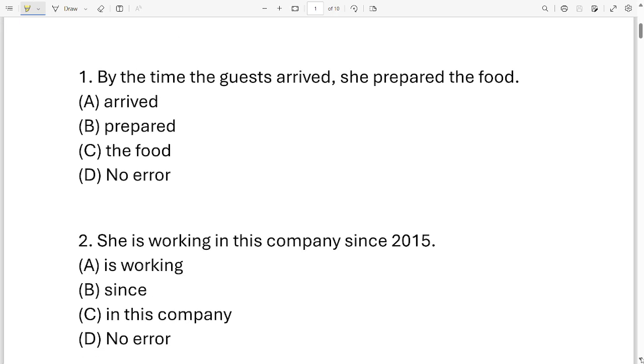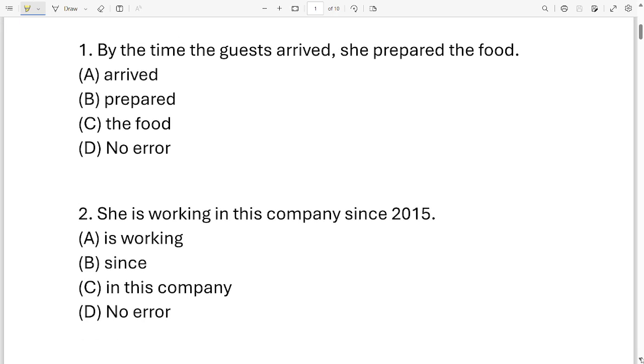Now, the first sentence: by the time the guest arrived, she prepares the food. Now you have to check whether the sentence has an error or not. First step, if it doesn't have an error, you can choose option D. If it has an error, which part or which word is the error?